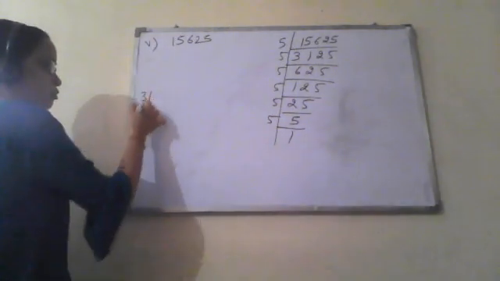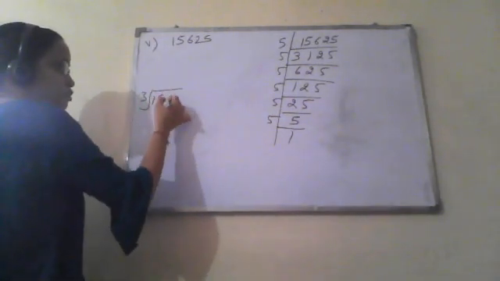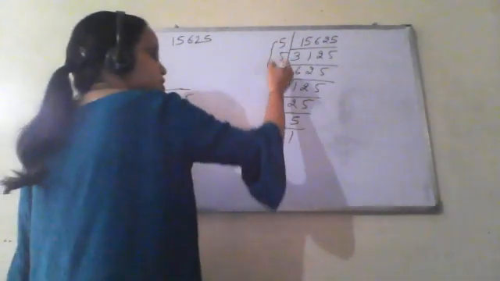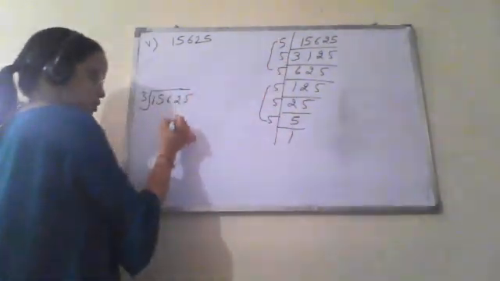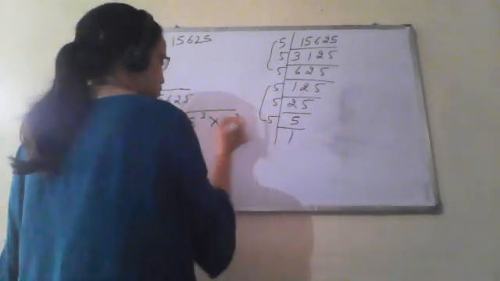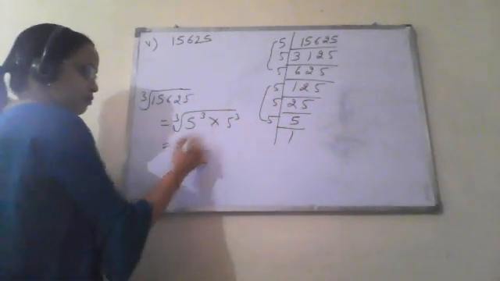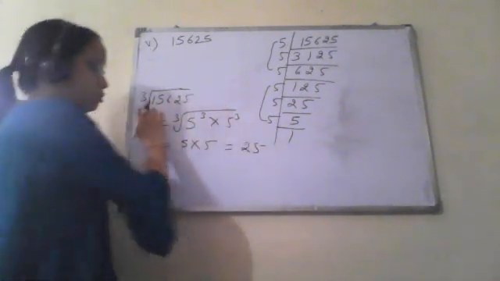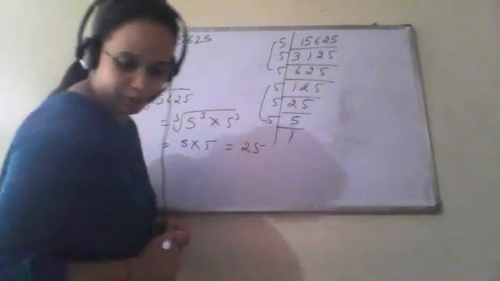So cube root of 15625 will be, there are two triplets of 5. So it can be written as 5 to the power 3 into 5 to the power 3. So we'll take 5 from this and 5 from this. So the answer is 25. So cube root of 15625 is 25.